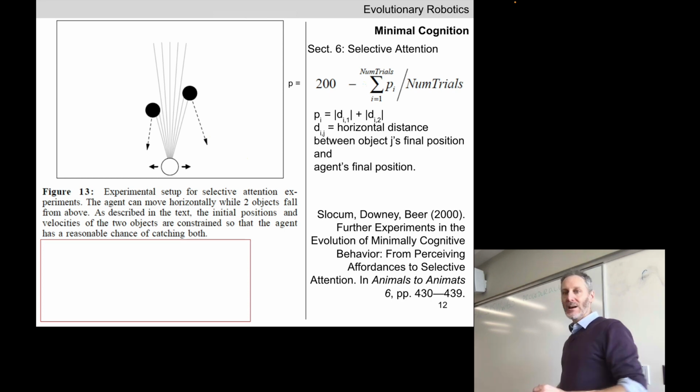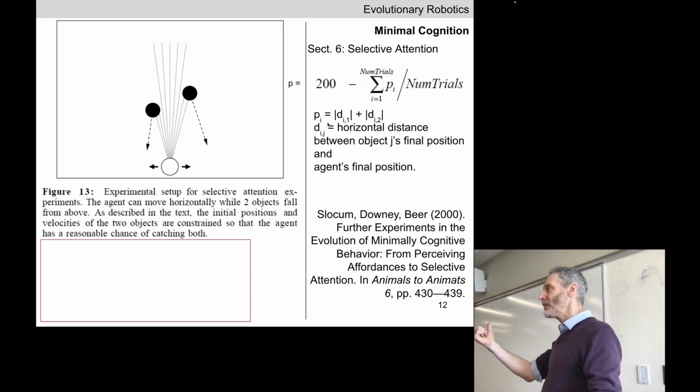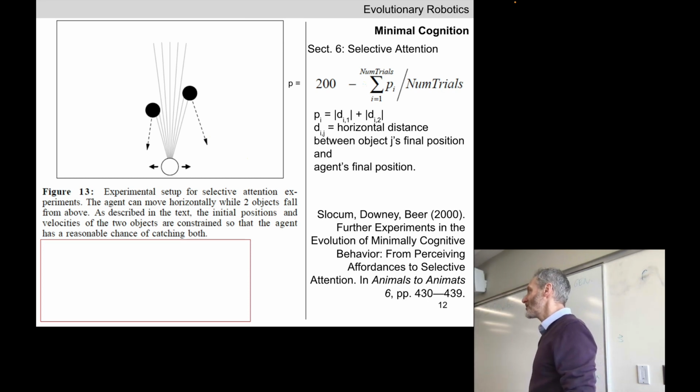Fitness function, pretty much what we've seen before. P sub i, which is the performance of the robot during the ith trial. We're going to evaluate every robot, every CTRNN multiple times, and we're going to drop several pairs of objects one after the other.